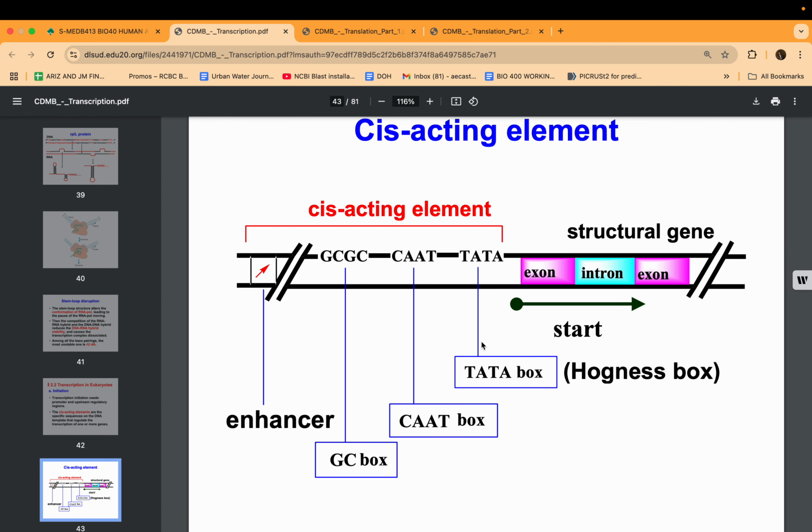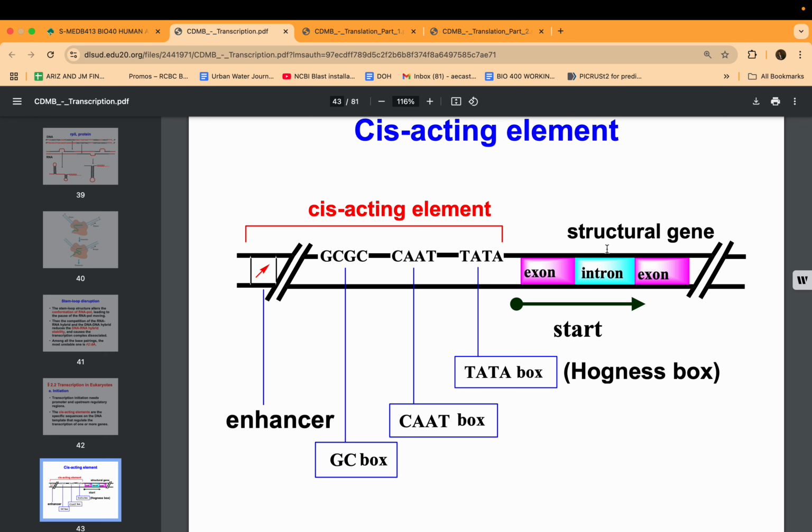Cis-acting elements are as follows. So we have the GC box, the CAAT box, and the TATA box. So these cis-acting elements are similar to the promoter region, the -35 and -10 for bacteria. So it's homologous to those areas in the prokaryotic system.